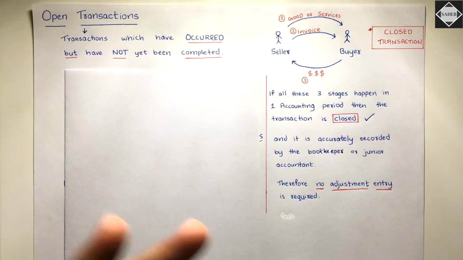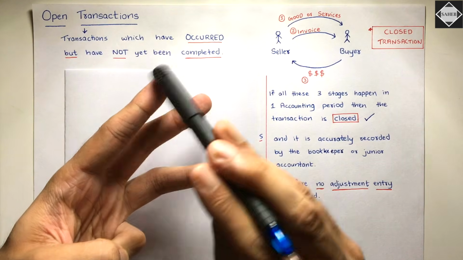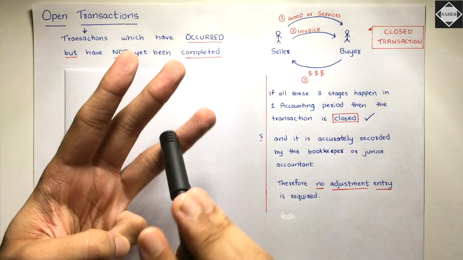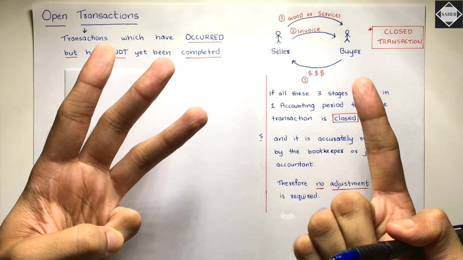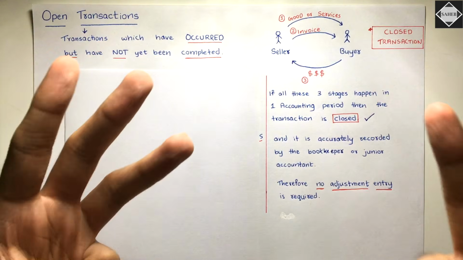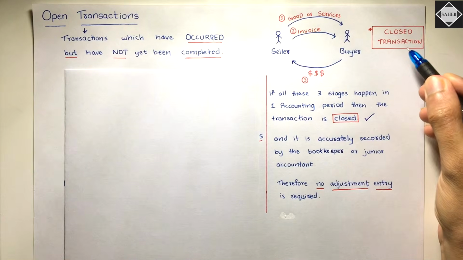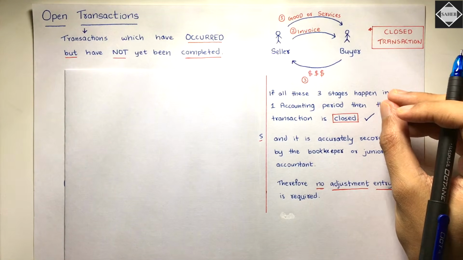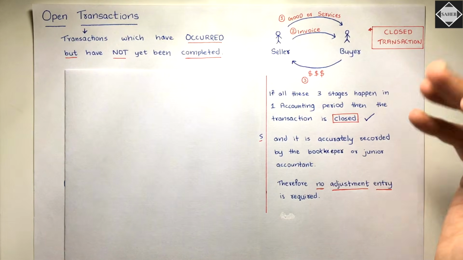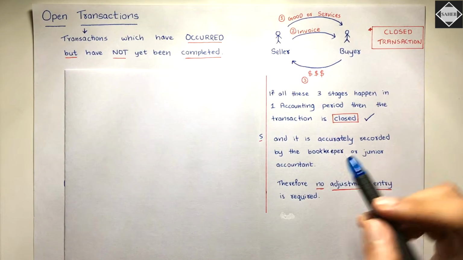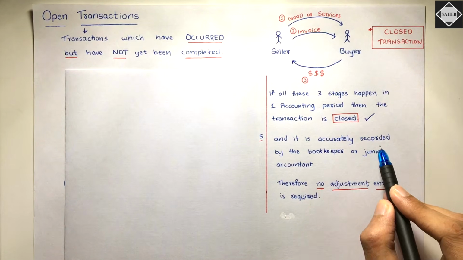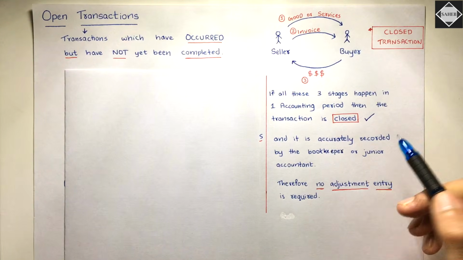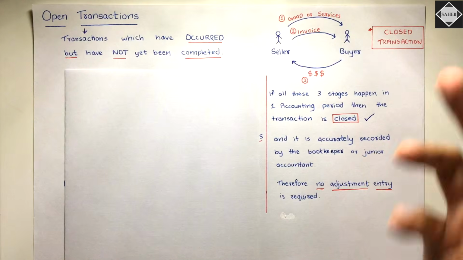So if all of these three stages, providing goods or services, sending an invoice, and then payment, if all of these three stages happen in one accounting period, then we say transaction is closed in the same accounting period. And if this is the case, then we can safely assume as a senior accountant that transaction is accurately recorded by the bookkeeper or the junior accountant or the cashier, whatever the case may be, whoever is handling the bookkeeping.